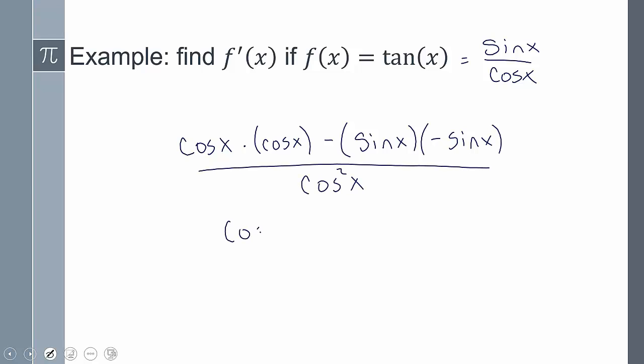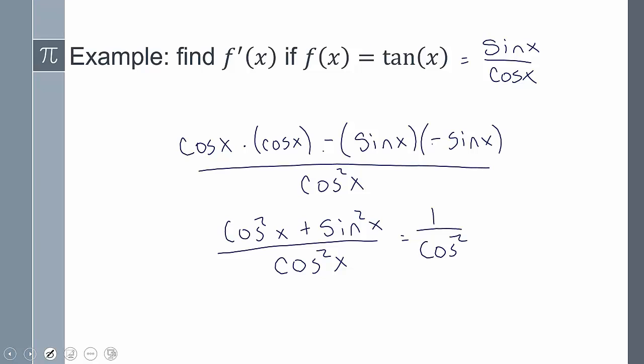Well, this is cosine squared x. Negative negative is a positive, which is 1 over cosine squared x, which is secant squared x. Isn't that cool? That's why the derivative of tangent x is secant squared x.